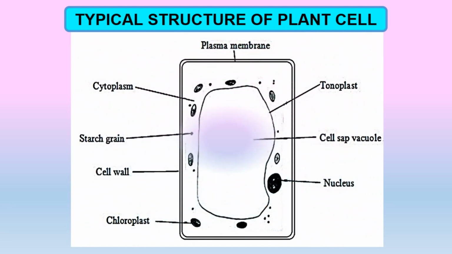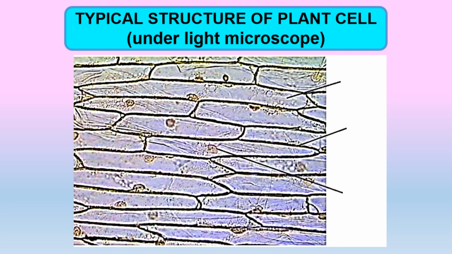In this slide, a labeled diagram of the typical structure of a plant cell is shown. And this slide shows a typical structure of a plant cell as seen under a light microscope.